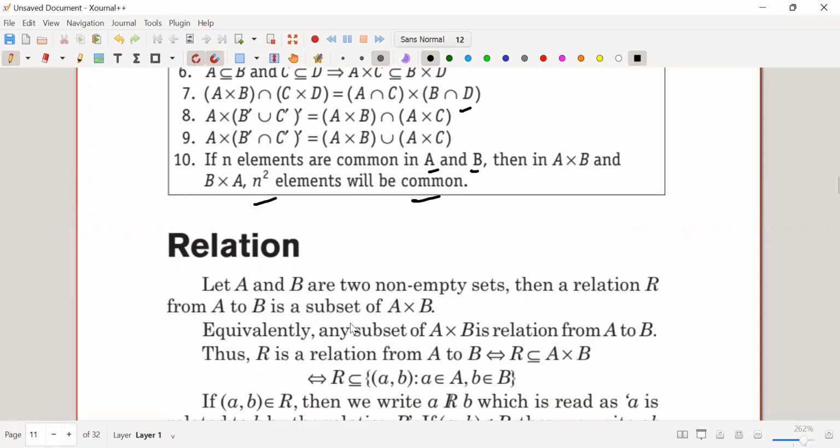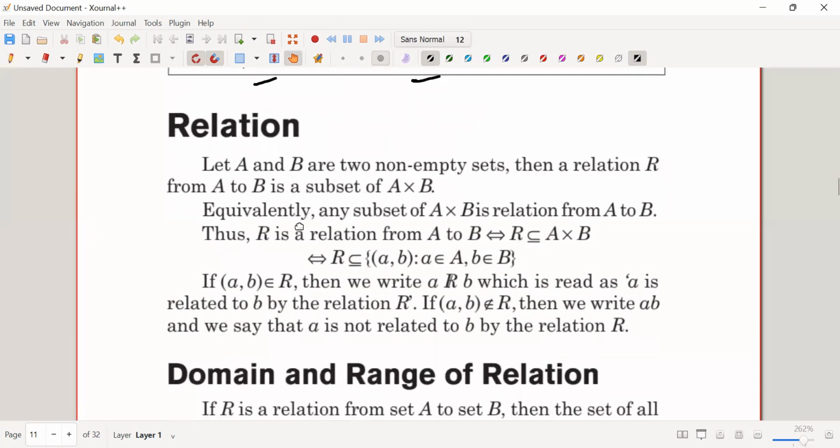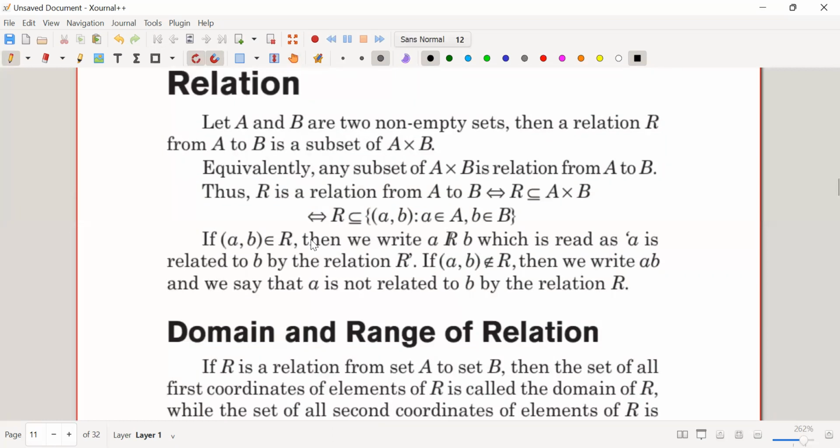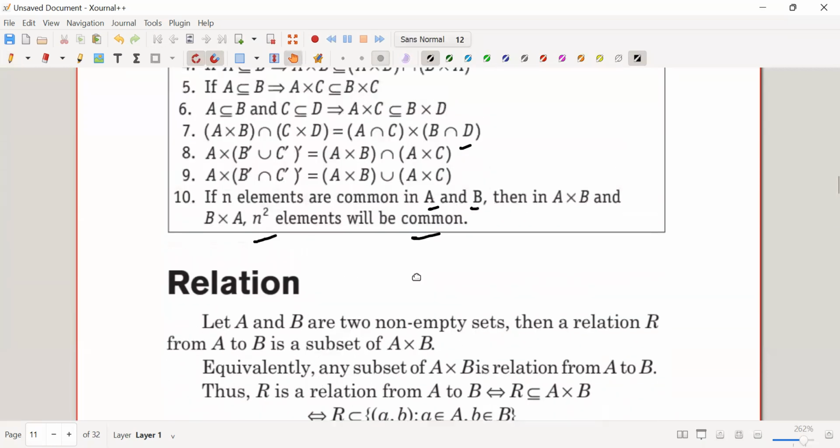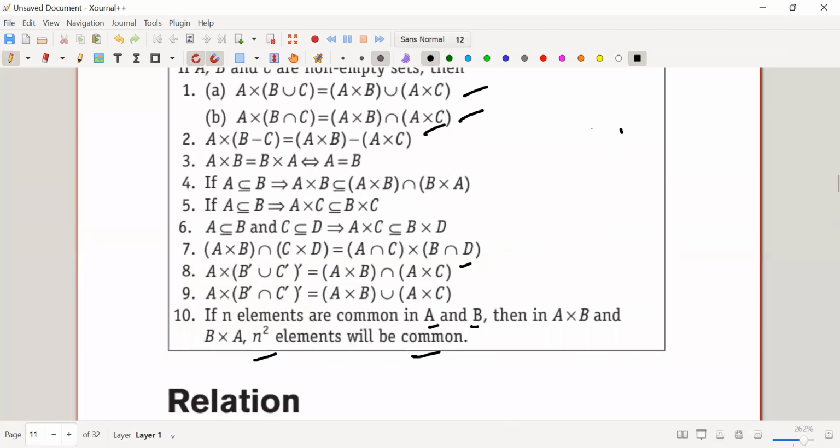Okay. Relation. Let's go slow and steady with relations, because relations are like simple facts. From a set of ordered pairs, we'll be getting Cartesian products and everything.